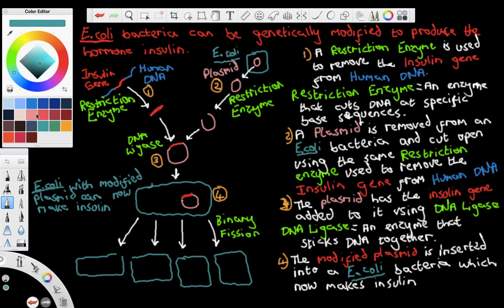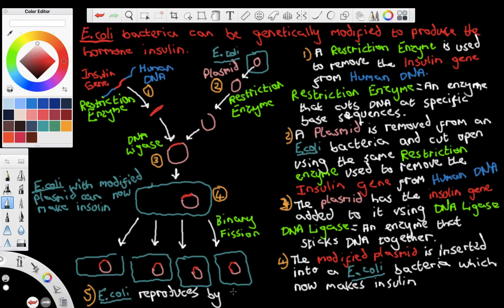Okay? So the bacteria will divide to form lots of bacteria, all with the insulin gene inside of it, and therefore they can all make insulin. Okay? So number 5, I'll just write it down here. Number 5, the bacteria or E. coli reproduces by binary fission.